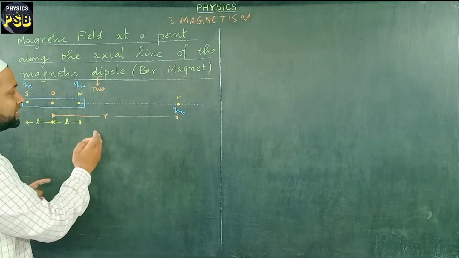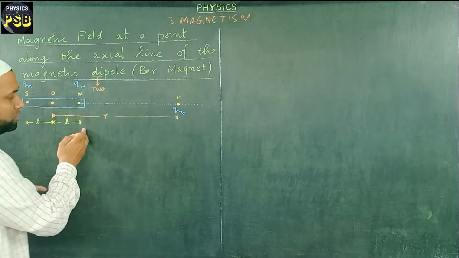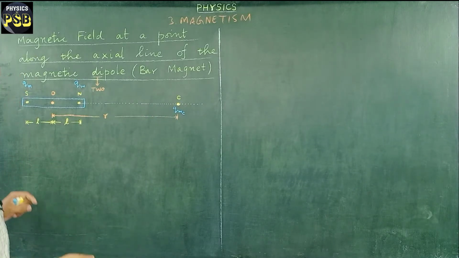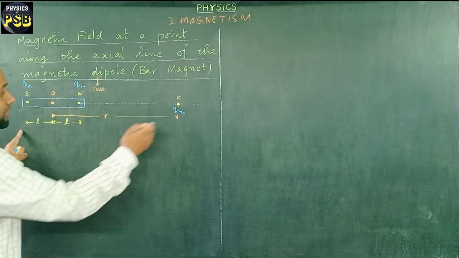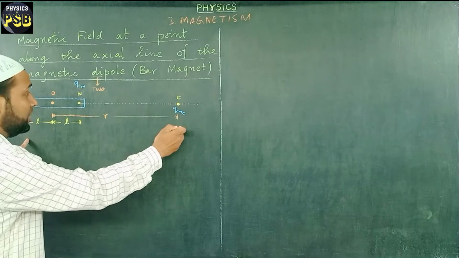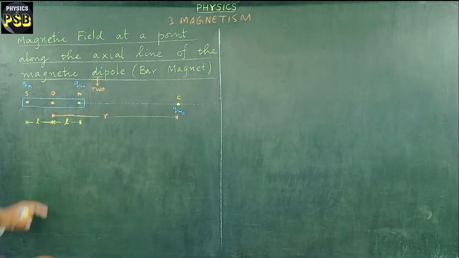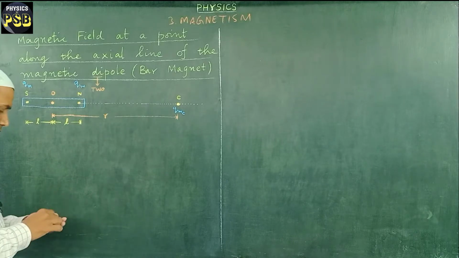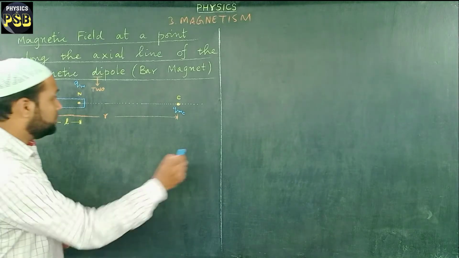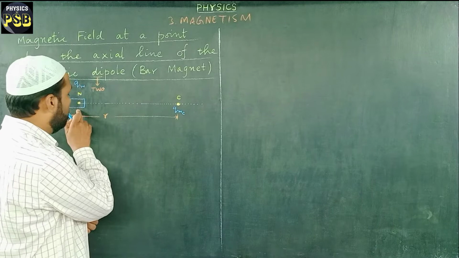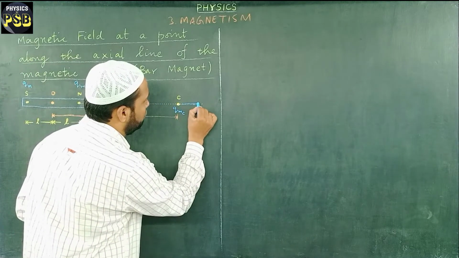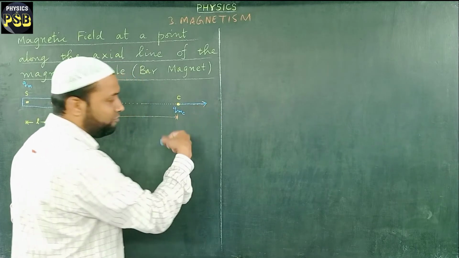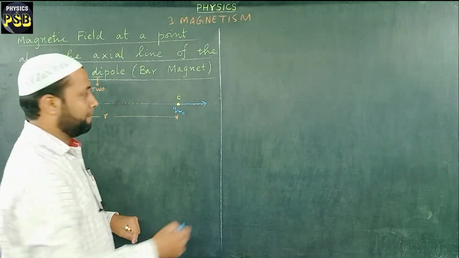So the force that exists between these two poles is nothing but a repulsive force. The repulsive force between the north pole and this unit north pole acts away from point C.